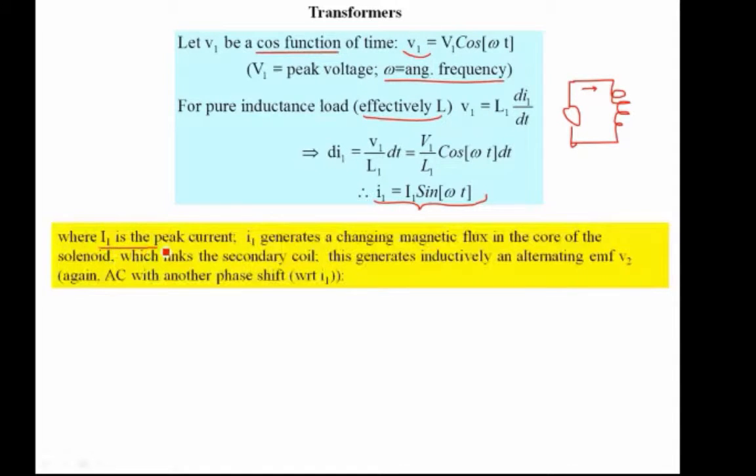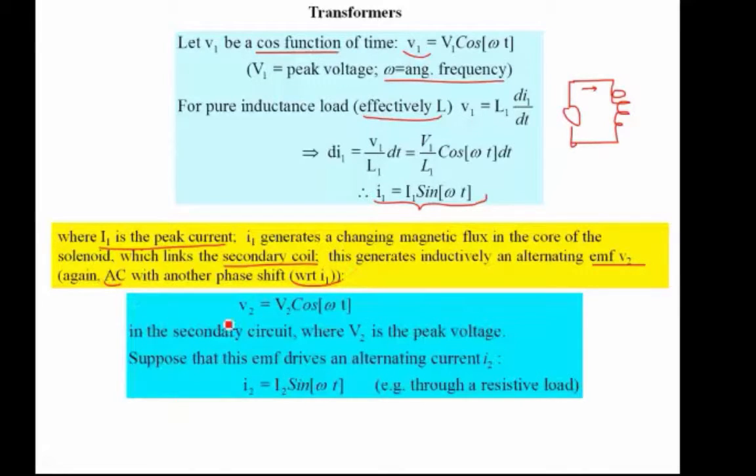If I1 is the peak current in the primary, the I1 generates a changing magnetic flux in the core of the solenoid, which links the secondary coil, and this generates inductively an alternating EMF V2, and again this will be an AC EMF and it will be phase shifted with respect to I1.